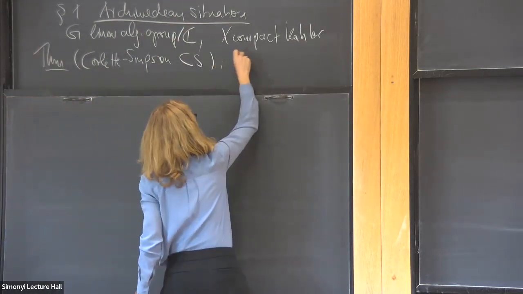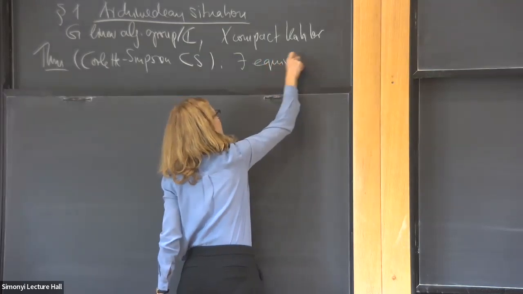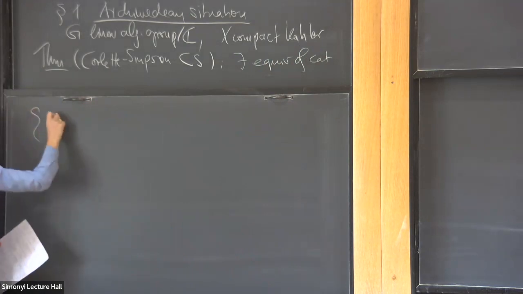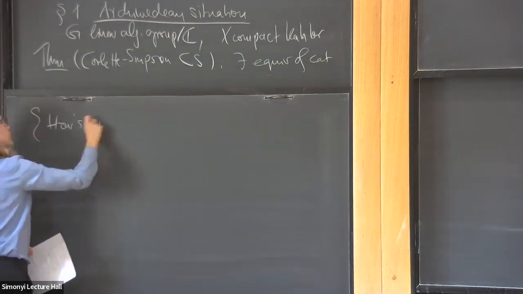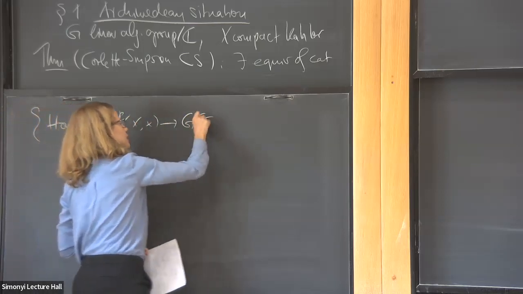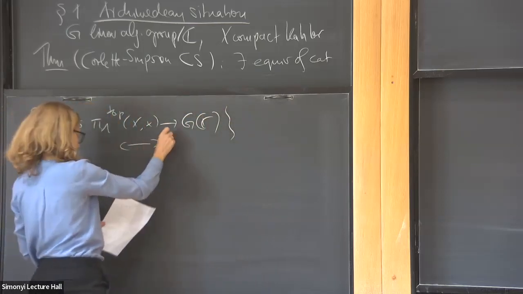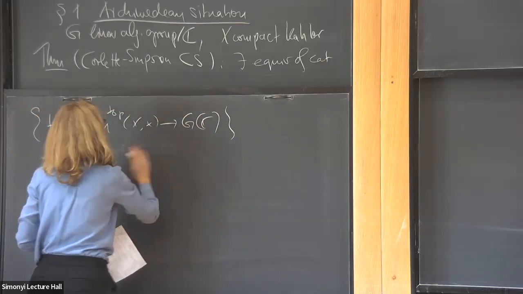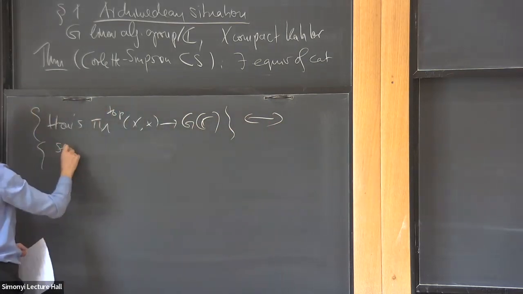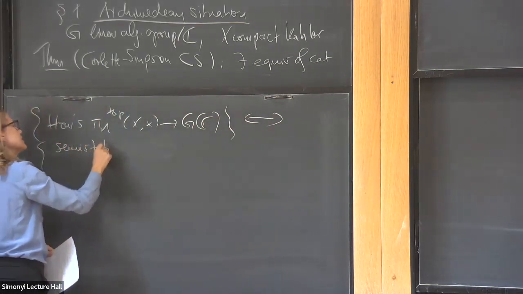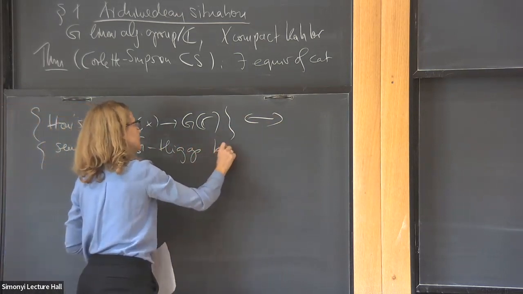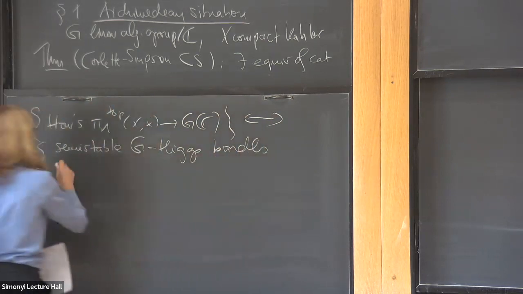There is an equivalence of categories between homomorphisms from the topological fundamental group to our algebraic group and the category of semi-stable G-Higgs torsors, let's say G-Higgs bundles with vanishing Chern classes.